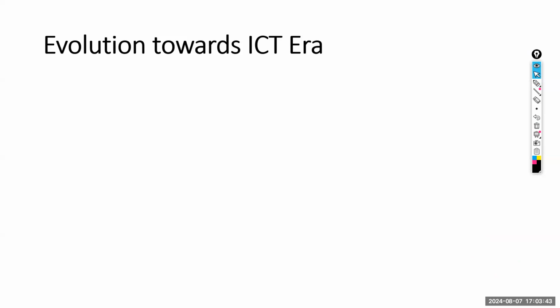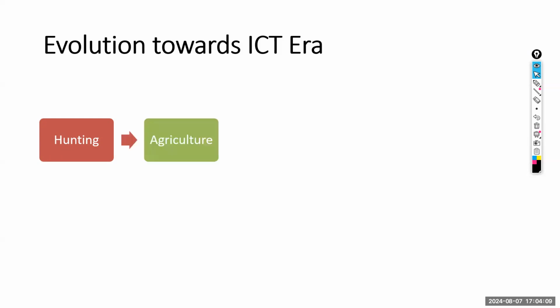Right. So a little bit of history. I told you that now we are living in the era of information, or the IT era. We have passed through different eras as human civilization. So we passed the hunting era, then we moved on to the agricultural era.